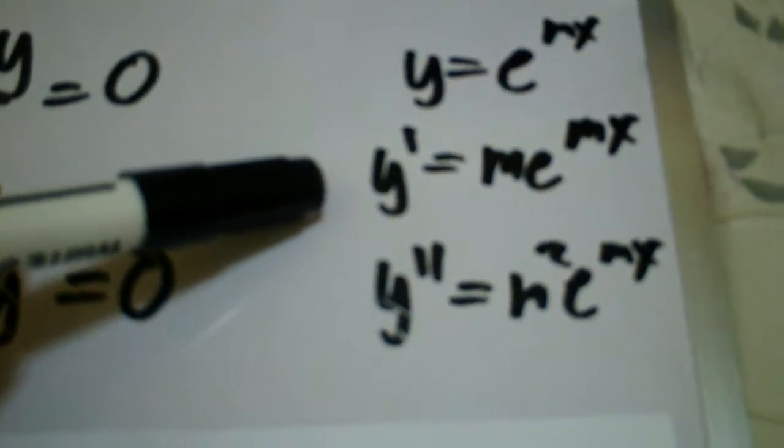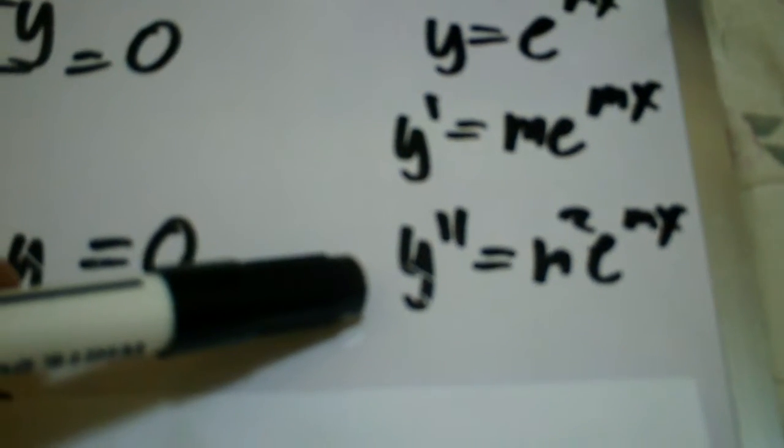So now we let y equals e to the mx, y prime equals m e to the mx, and y double prime equals m squared e to the mx. We substitute this, so we will have m squared e to the mx plus rho omega squared over T e to the mx equals 0.